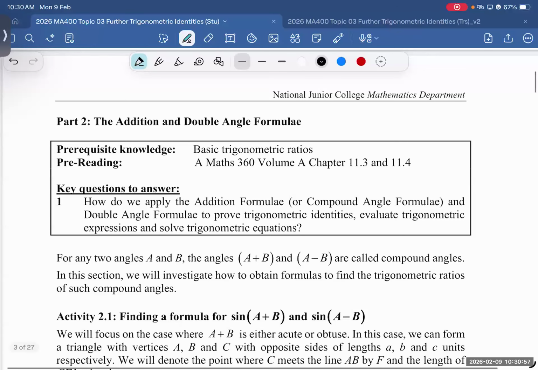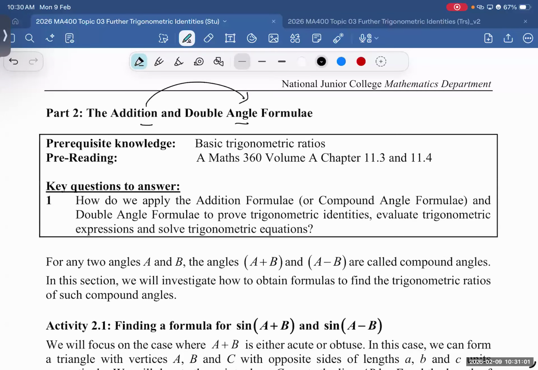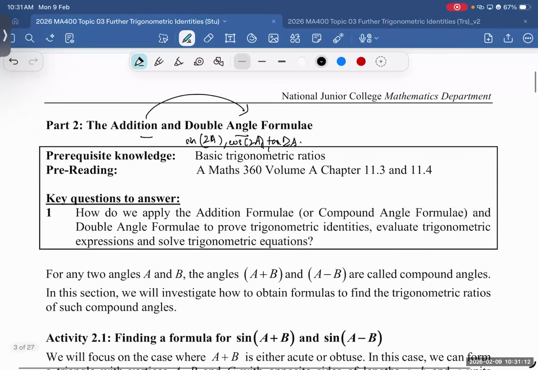So what you will expect is you'll be looking at things like sine 2A, cosine 2A, tangent 2A. I'm showing you what your friends will look like inside this topic. The addition means I'm looking at things like sine A plus B, cosine A plus B, tangent A plus B. These are the friends that you'll be expecting to visit your house today.